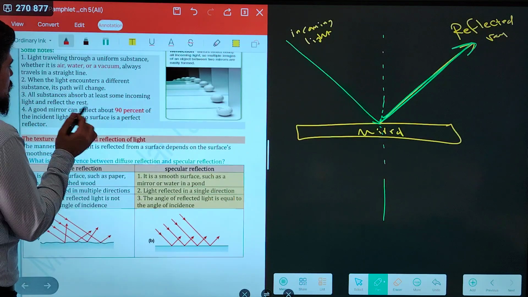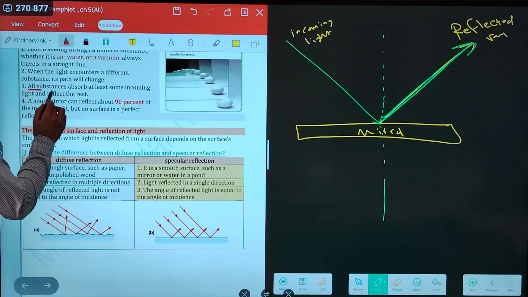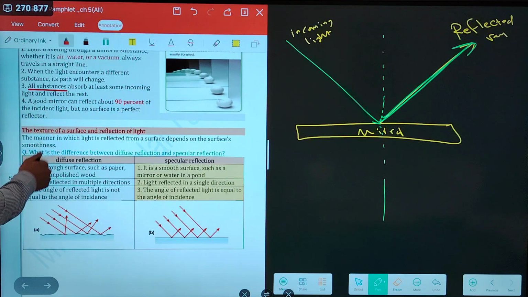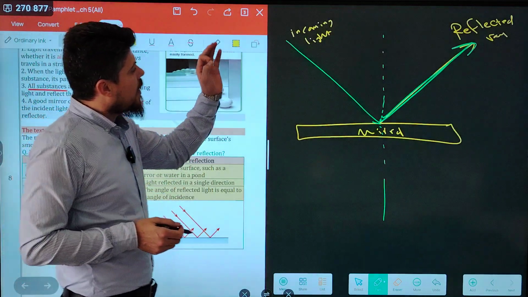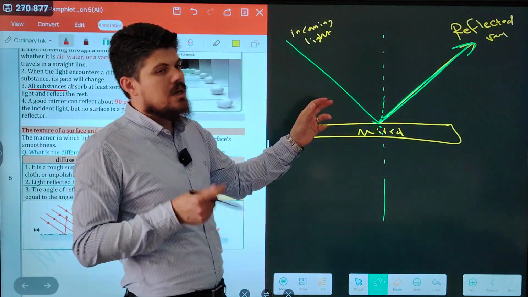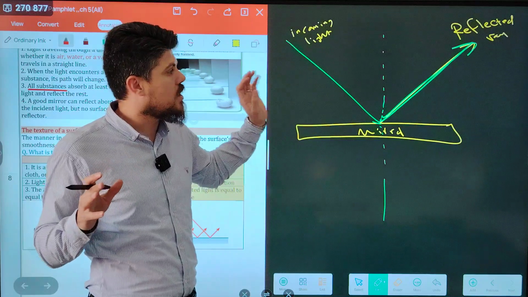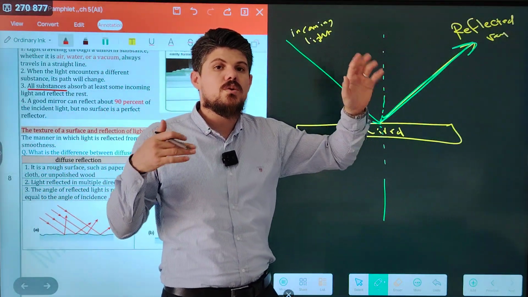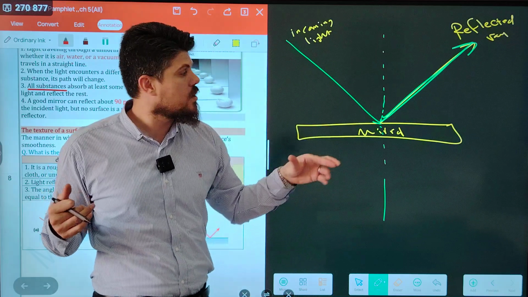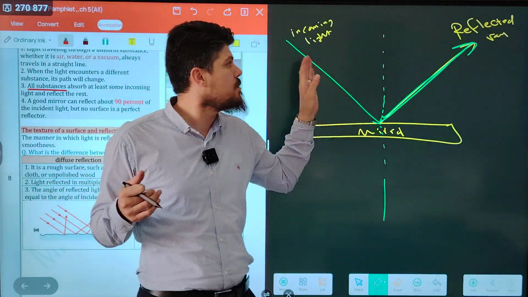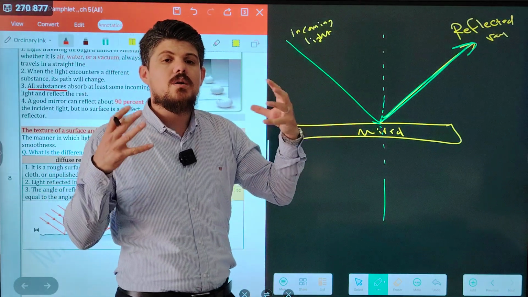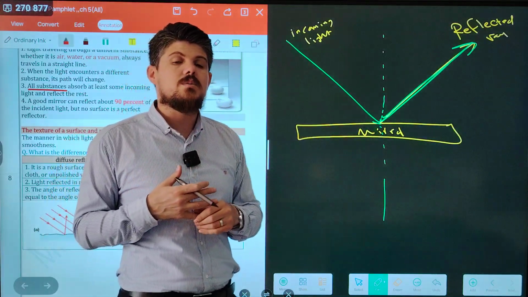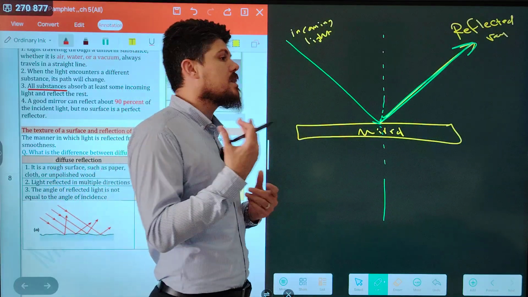All substances absorb at least some of the incoming light and reflect the rest. If the power of the incoming light is, for example, 100 watts, the reflected light is not the same power, not 100 watts. Why? Because at least some of the incoming light is absorbed by the surface, and the rest is reflected.